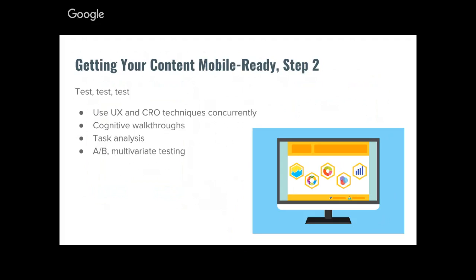Task analysis, but also use, like I said before, A/B and multivariate testing to see whether the content your users find highly usable and easy to interact with is also what is making them take the action that you need. This applies both in commerce and in learning.